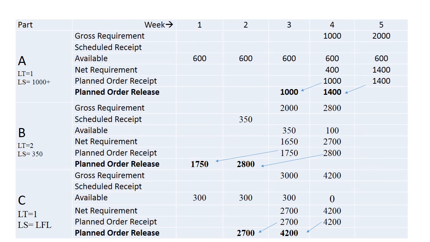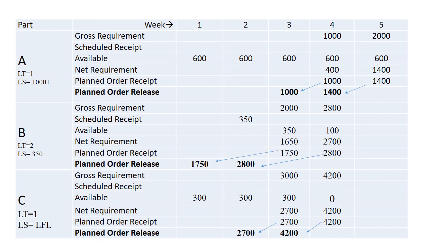So what happens is this: in week 1, for example, the computer will go down and say, we need to place an order for 1,750 of item B to the respective vendor. It will place the order. In week 2, you will notice it will place an order of 2,800 Bs and 2,700 Cs to the respective vendor. In week 3, it will release an order of 1,000 items, and perhaps this is an internal order. It will say, hey, start assembling 1,000 As in week 3, and it will also place an order of 4,200 Cs in week 3.